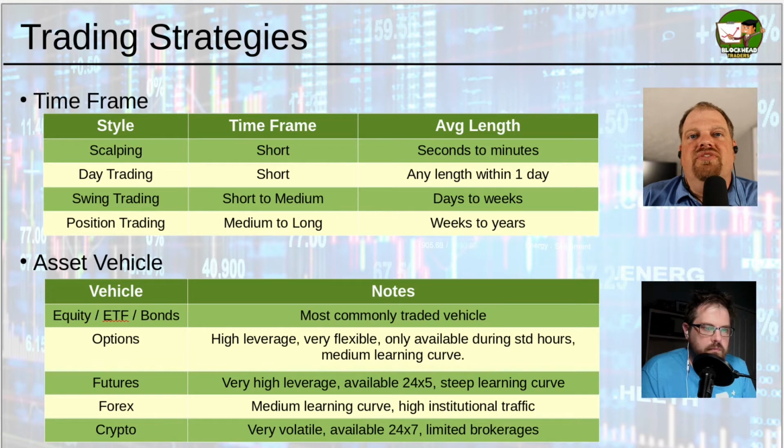If we look at the different vehicles, equities are the lowest learning curve, options are the next step up, and futures are even a step above that. The part that's difficult with futures is the way they calculate the value of the future. In stocks, a dollar is a dollar, made up of 100 pennies, and each penny is worth a penny.